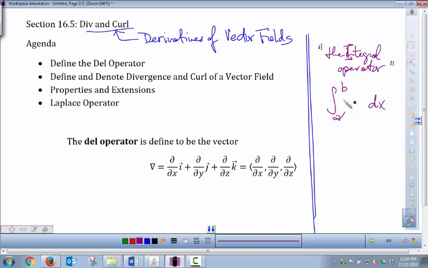So an operator would be something that you would write and leave a blank space for something to put in. So an integral operator might look like this, where there's a blank space for you to put in a function.